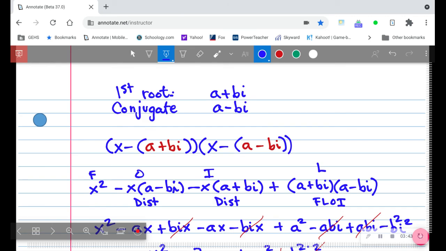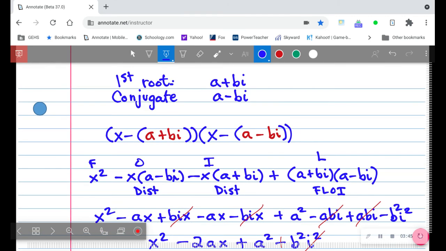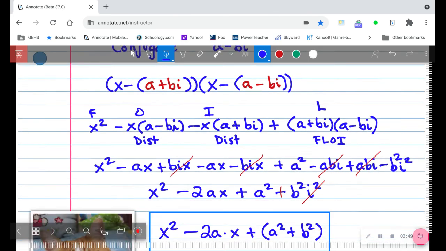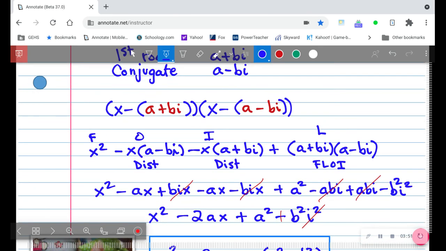So I'm doing the same thing, but this time I'm using a plus bi and its conjugate, a minus bi. So let me just kind of rehash what we're doing here. You plug those two answers in behind the x minus. You can see I did that. This part here is your x squared. Outside gives this part. Inside gives this part.